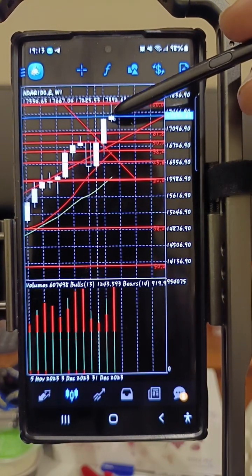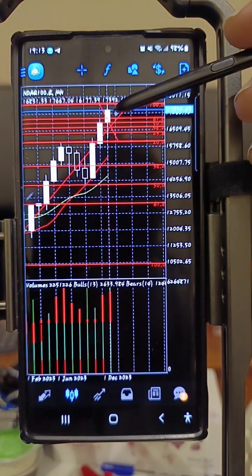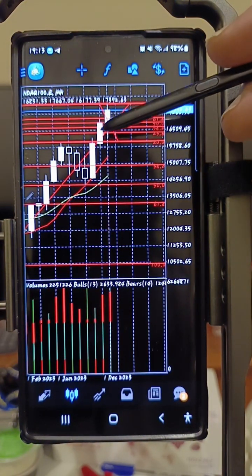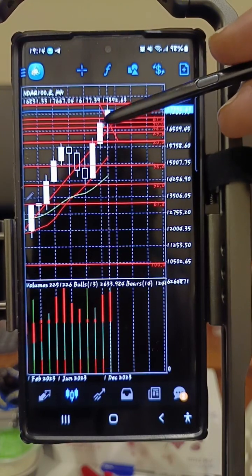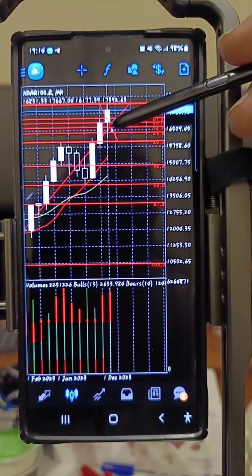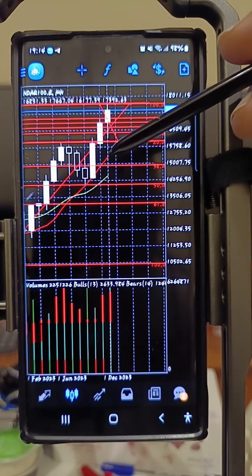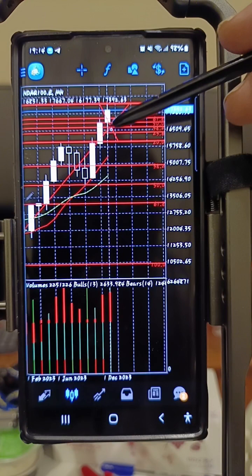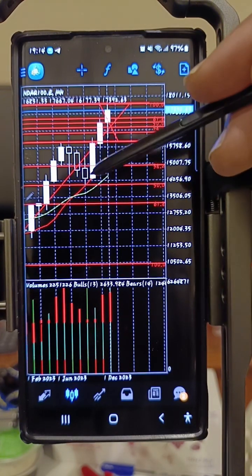Normally, if I go to the month, that's where I take my direction from. As you can see here, it is bull, bull. So my direction and my bias here tells me that I'm still in a bull market.